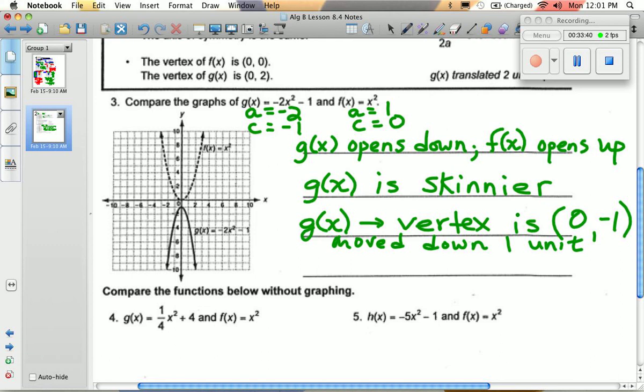It moved down 1 unit, from 0, 0 to 0, -1. And then how about the axis of symmetry? It stays the same. Axis of symmetry is x equals 0 for both, we can say.